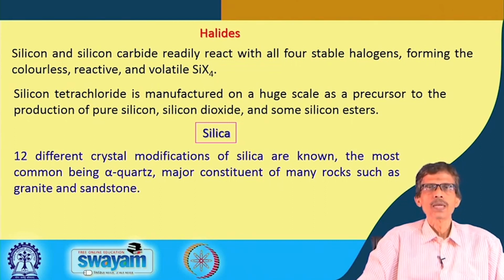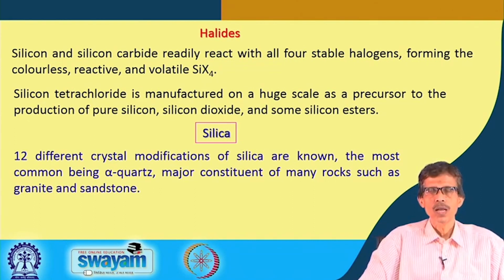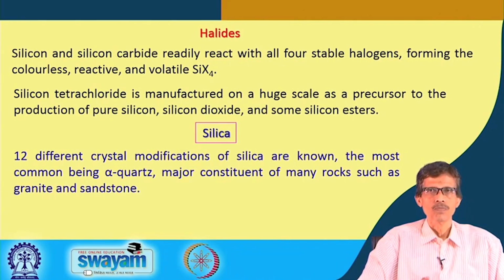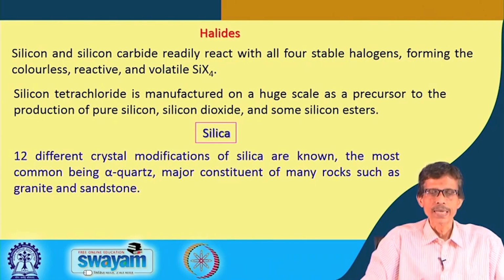The most common, again like alpha, beta, gamma, is the alpha quartz form. You can then have the beta quartz form also. It is a major constituent of many rock samples, naturally occurring rocks which geologists get for us. These are basically the huge structures of granite and sandstone, which we utilize for making temples and all these things.